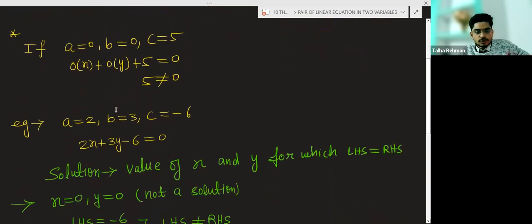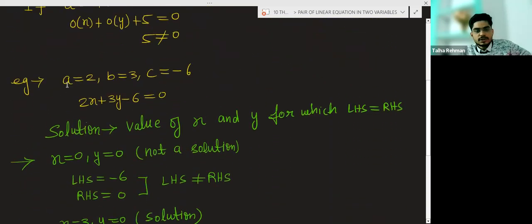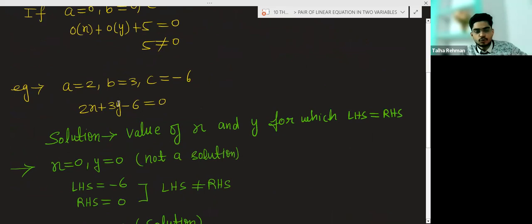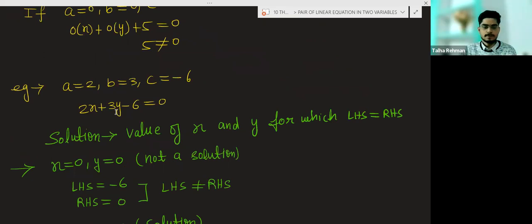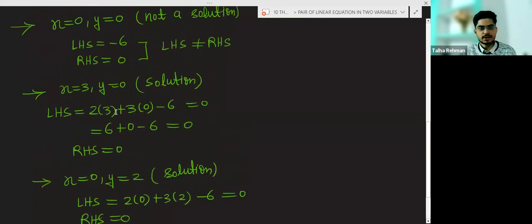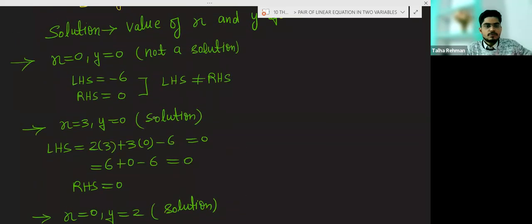We will see these solutions of the linear equation in two variables graphically. What do these solutions represent graphically? Basically, from here, what solutions are you getting?